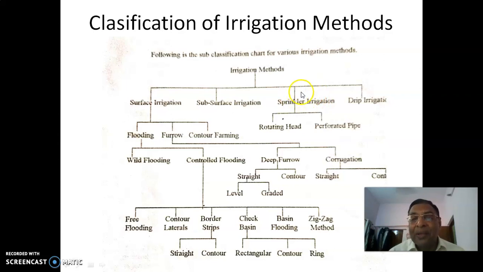To achieve this water conservation, we are resorting to micro irrigation methods, particularly drip and sprinkler. Particularly five states, Andhra Pradesh, including Telangana, Karnataka, Maharashtra, and Haryana, constitute around 78% of the micro irrigation.